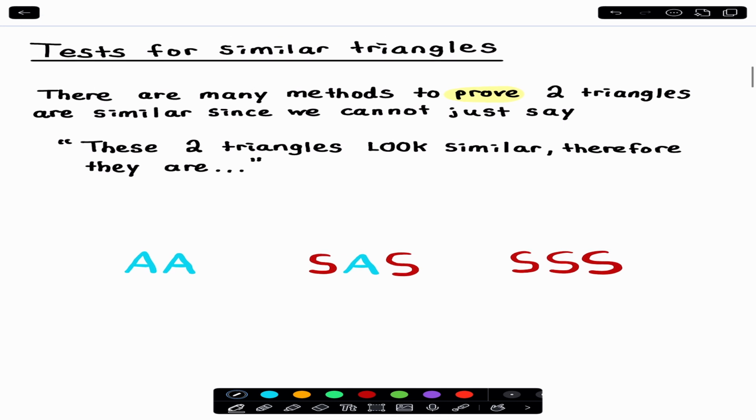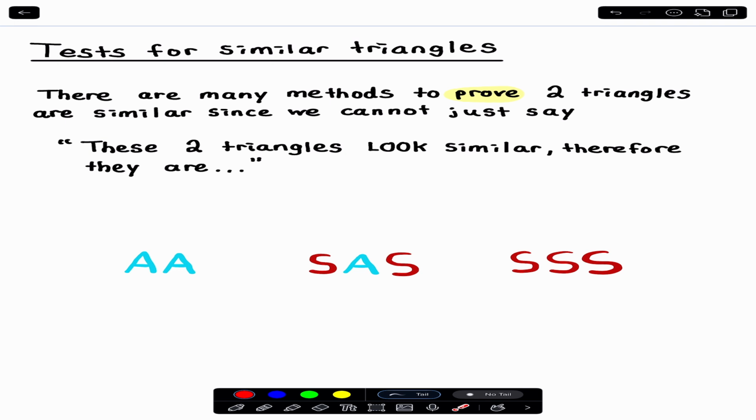Let's go over tests for similar triangles. This is how we're going to show that two triangles are similar without a doubt. They are 100% similar. In other words, we're proving two triangles are similar with these three tests.